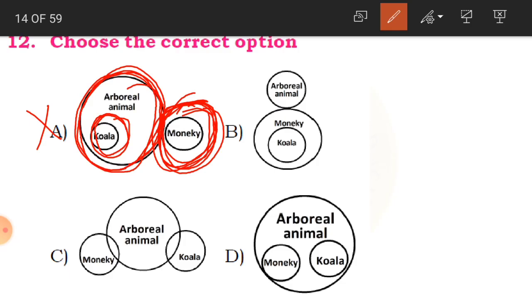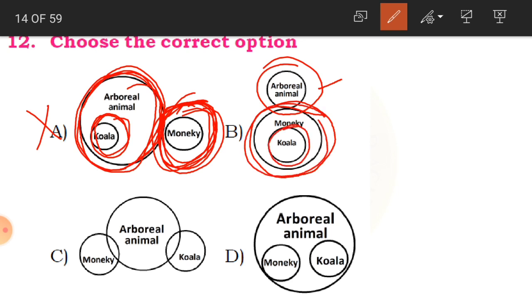And if you see here, what they are telling is, arboreal is a different circle. Again, monkey and koala, both are in one circle. Okay. So they are telling that koala belongs to monkey, because the big circle is named monkey.